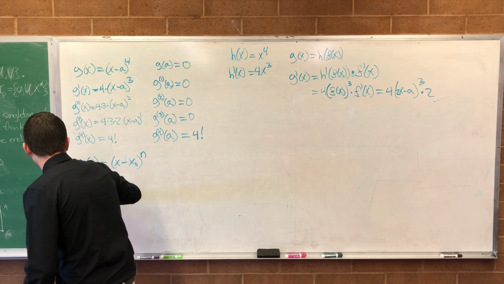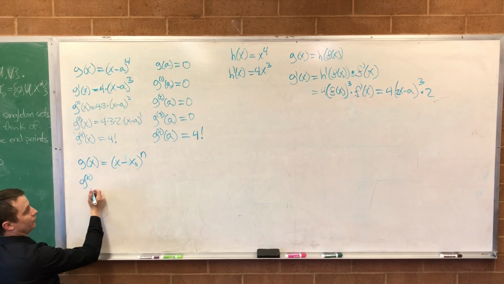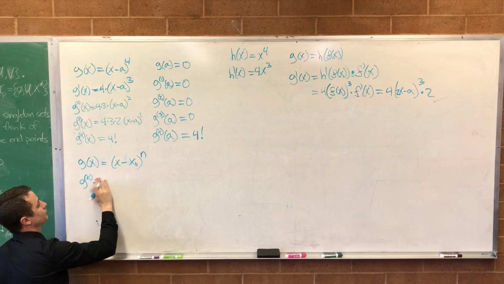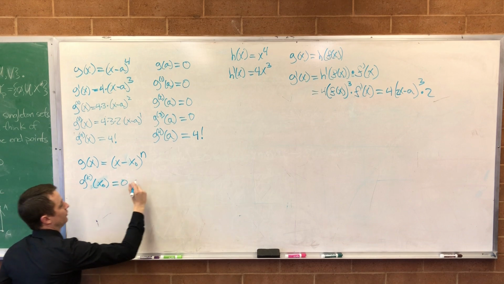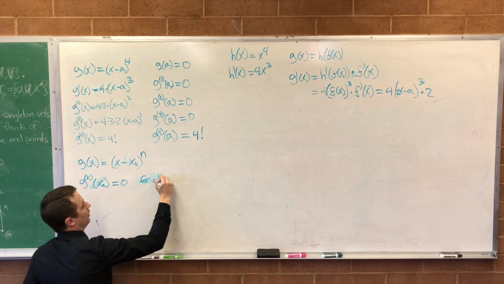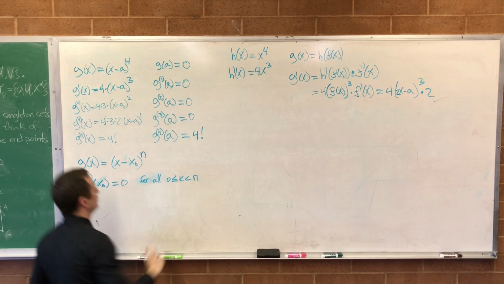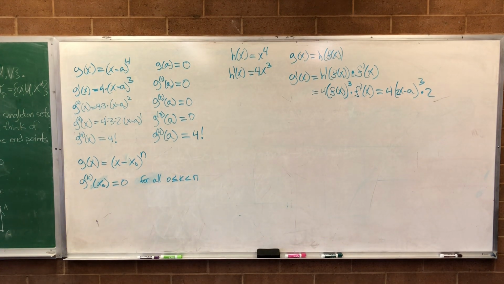But now I'm going to put a variable here. So notice that g's kth derivative at x naught is equal to 0 for all k, for all 0 less than or equal to k less than n, right? Mm-hmm.